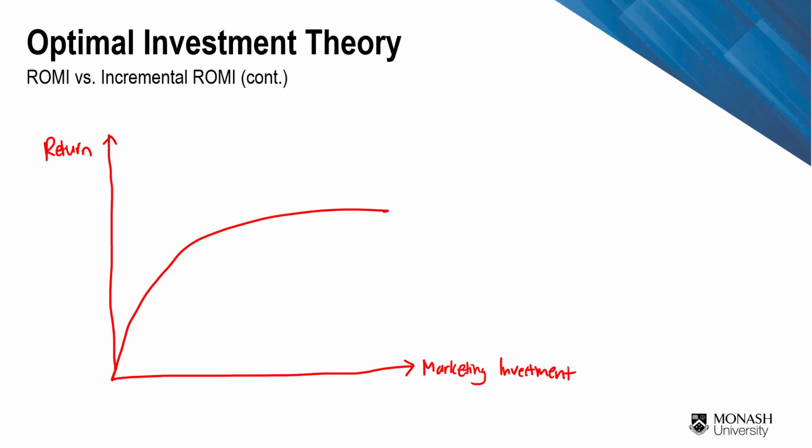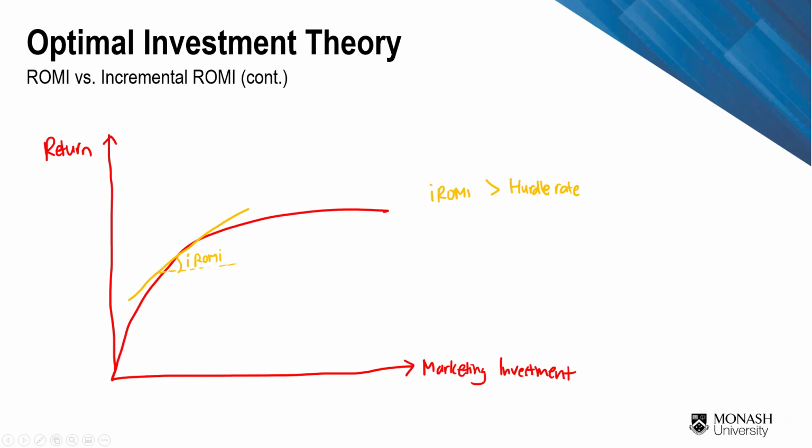Say my IROMI, which is along the tangent of the line, and let's say that's the angle we are looking at. So let's say this is IROMI. The idea is that when your IROMI is still higher than your hurdle rate.